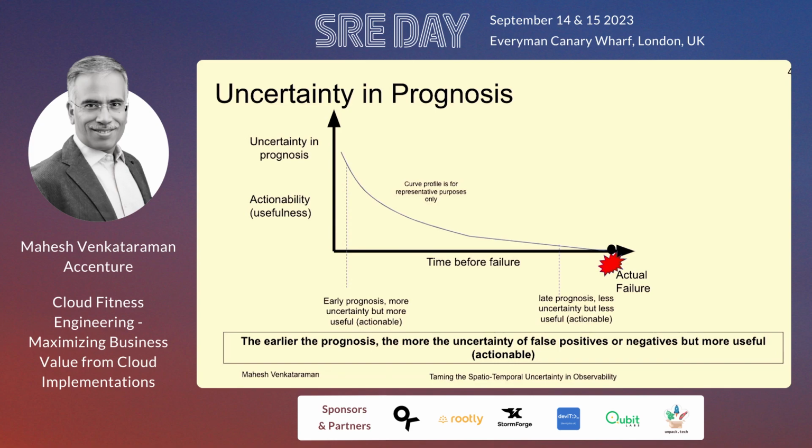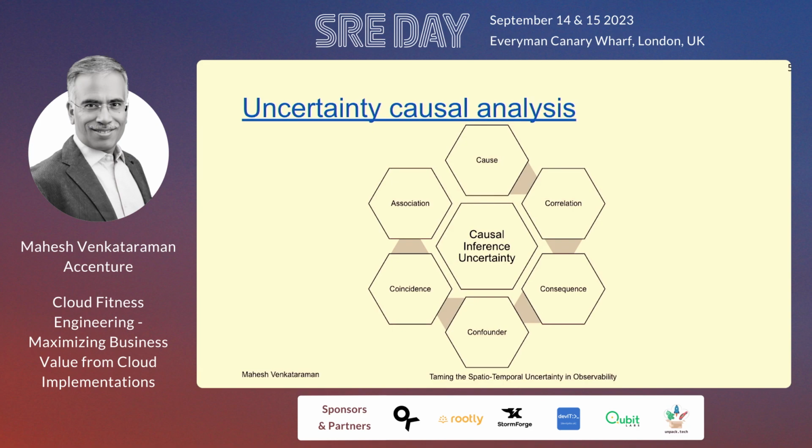Now, this is something that the architect community, the design and developer community, the SRE community, and business folks managing all this, need to understand: there's an inherent issue with prognosis and diagnosis, causal analysis. Often causality goes wrong.